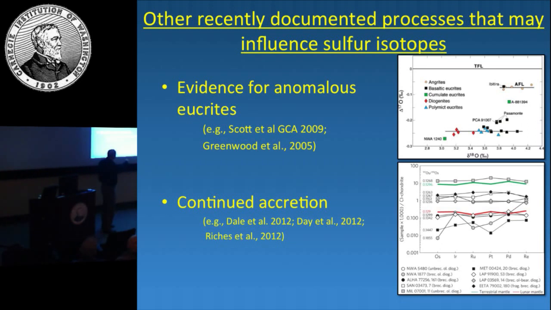Yet some of them that look similar, so Ibitira, Asuka, Pasamonte, and this NWA and PCA, clearly look different. Okay, so there are differences in the eucrites.